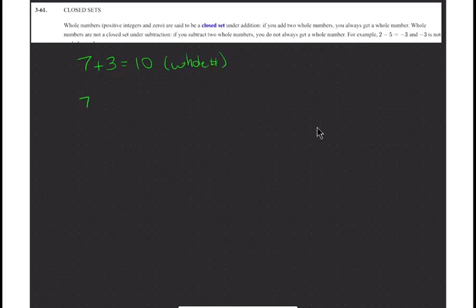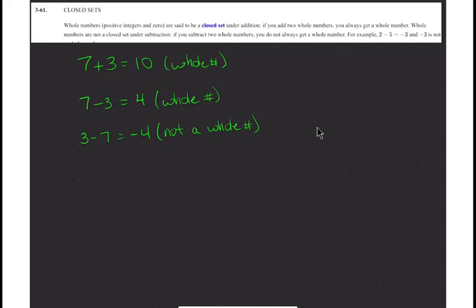What if we just did 7 minus 3? What's 7 minus 3? That's 4. So is that a whole number? Yeah, that's a whole number. What if we switched them around and we did 3 minus 7? What do we get? Yeah, we get -4. And this is not a whole number, right?